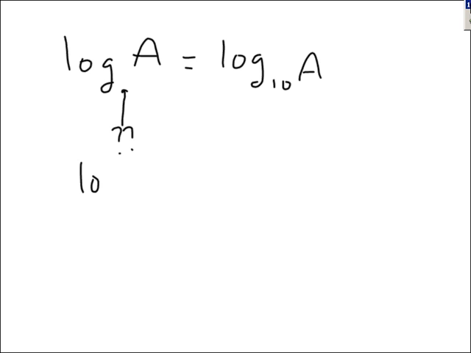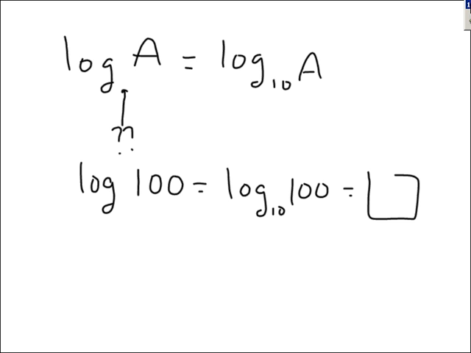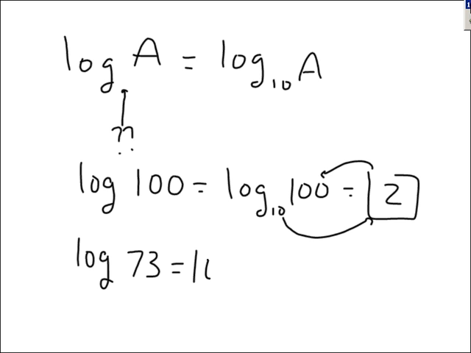What would log of 100 be? Well, you should think log base 10 of 100. And then you ask yourself, 10 to what power gives you 100? And the answer is 2. 10 squared is 100. Whenever you see log of a number, it means base 10.